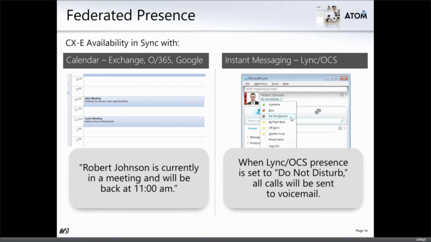We do the same thing from Link and OCS. If you're set up so that you have Link, and we can connect to that for context, we'll know how to handle a call and create a greeting based on some of those settings. So an obvious one would be if I use Link to go into Do Not Disturb, then I could have a greeting that said, Neil Butler is not available, and we'll call you back later, or however I wanted to handle it.